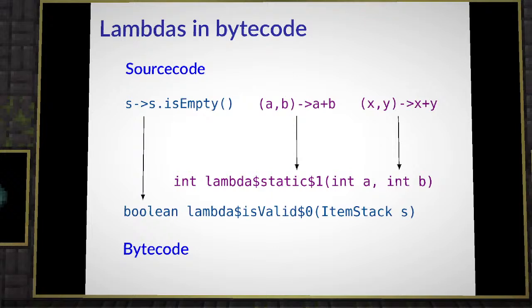So now when processing the source code, SugarCane only sees the source code versions of the lambdas, and it's not possible for SugarCane to find these relationships between lambdas and implementation methods on its own.